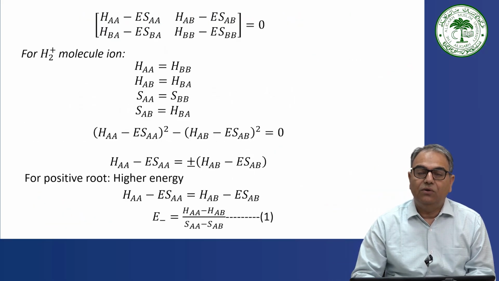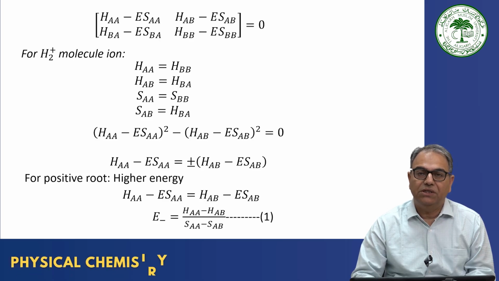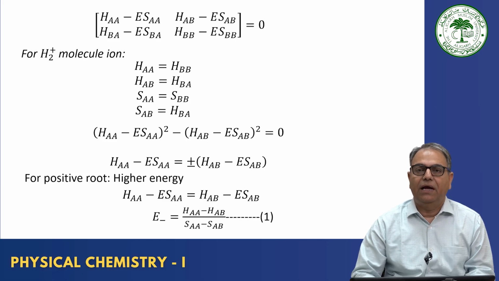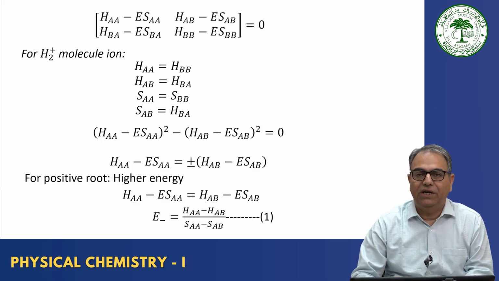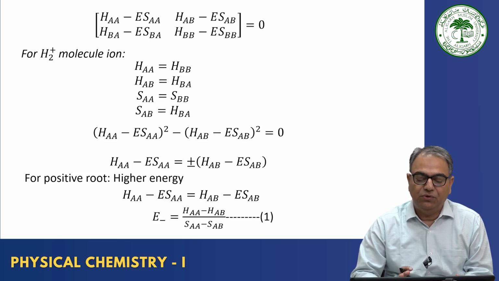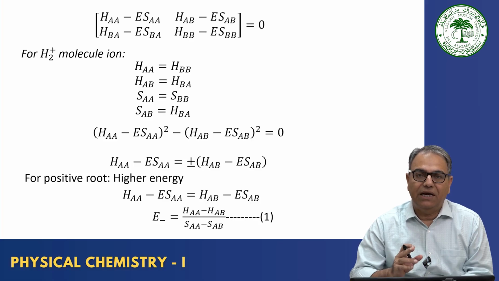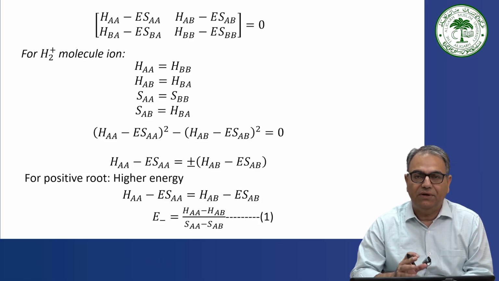Now, since it is an H2 plus molecule ion, both the nuclei which are combining are hydrogen nuclei, or hydrogen atoms are combining, and when we combine two hydrogen atoms, one electron is removed. So you get the H2 plus molecule ion. What does it mean? The wave function which you are combining is the same hydrogen atom wave function, and in the hydrogen atom the electron is in which orbital? 1s orbital.